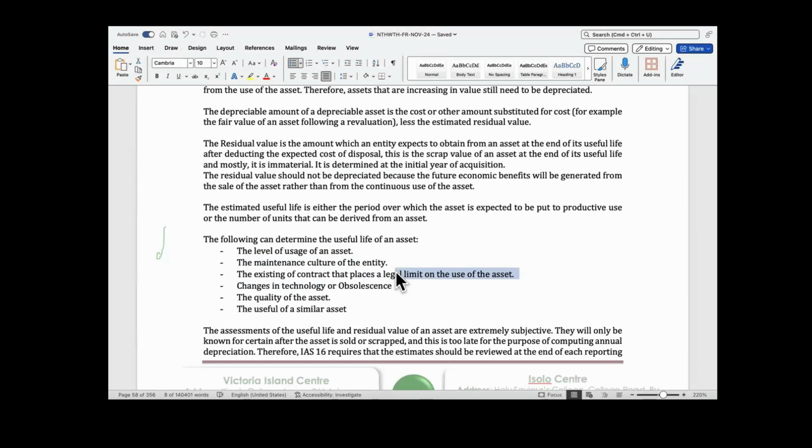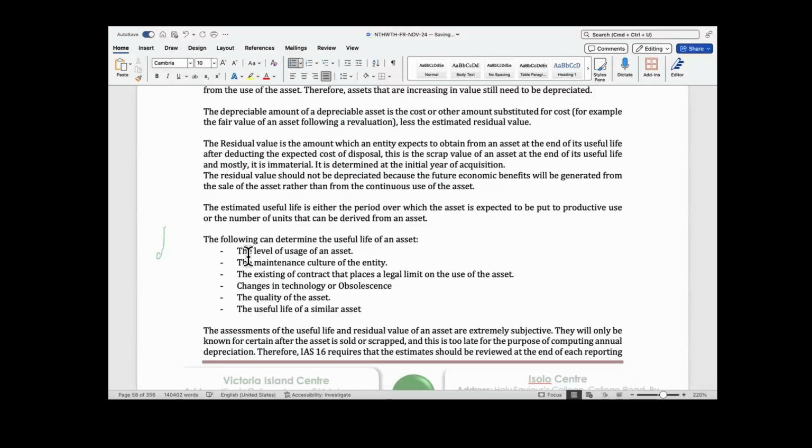So if you have acquired the asset and there's a contract that says that you can only use it for 3 years, as far as you are concerned, that's the useful life. Or technology or obsolescence can also determine the useful life of an asset. Also, the quality of the assets can determine the useful life of an asset, and also the useful life of a similar asset can also determine the useful life.